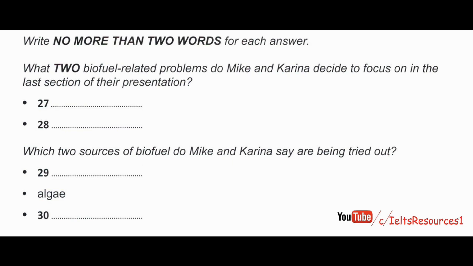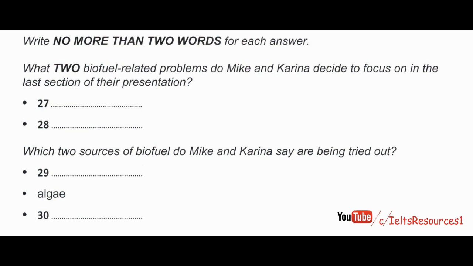All right, so in the last section of the presentation, what problems are we focusing on? Well, we've already had a look at different types of pollution in the first section, so we can leave that out. But the biggest issue related to biofuels is that land is now being used to grow biofuel crops, and that's contributing to global hunger. Indeed.